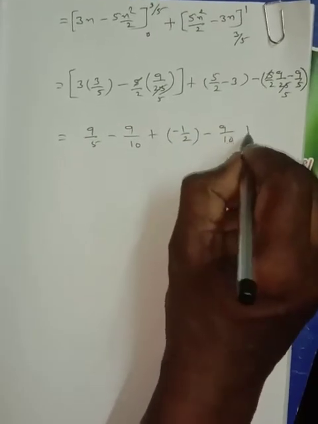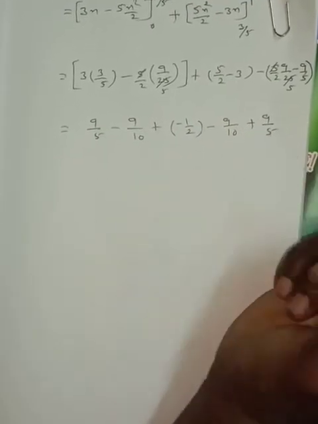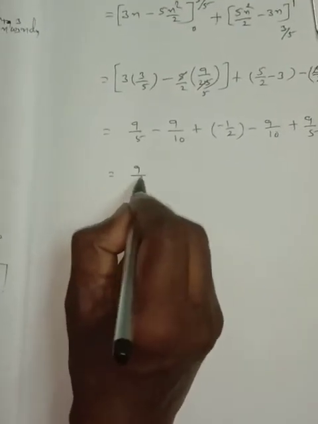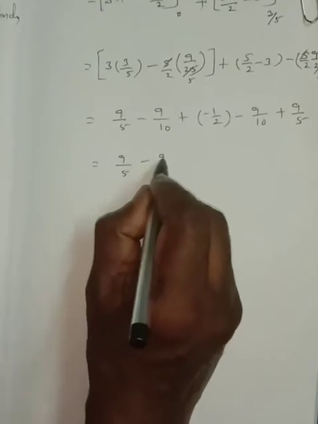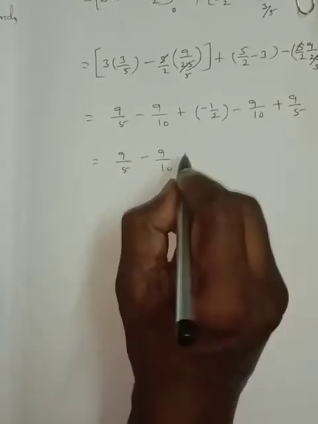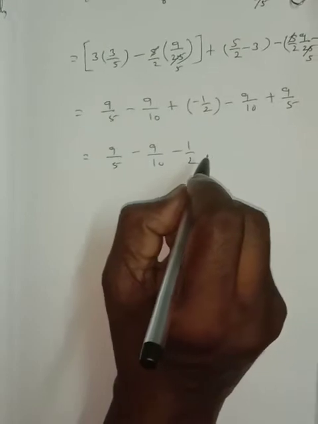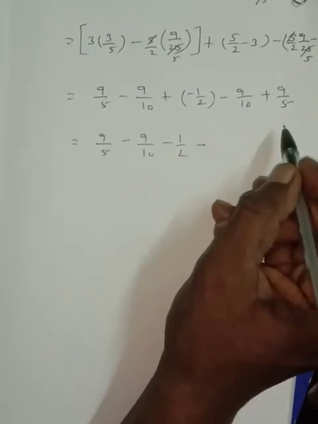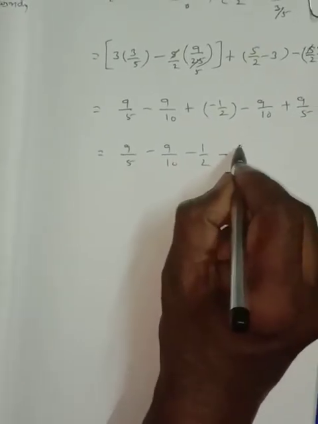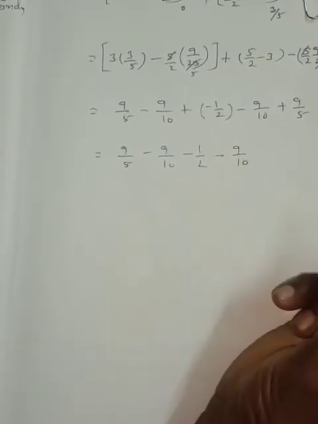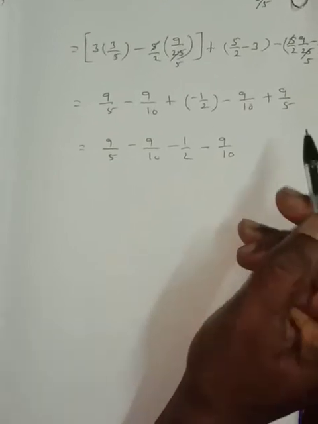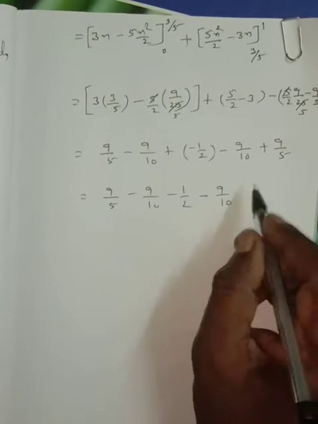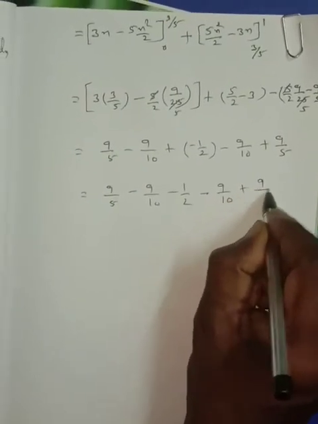Minus of minus plus, 9 by 5 is equal to 9 by 5 minus 9 by 10 minus 1 by 2 minus 9 by 10 plus 9 by 5.